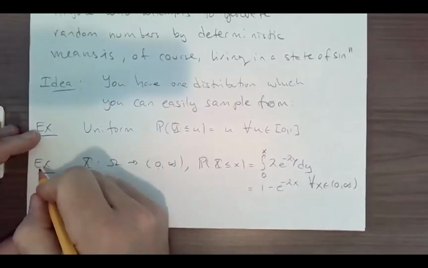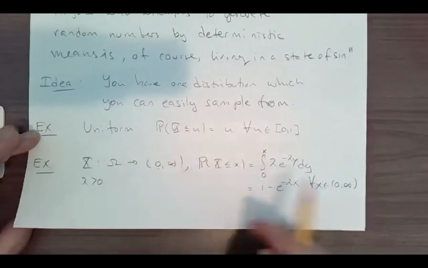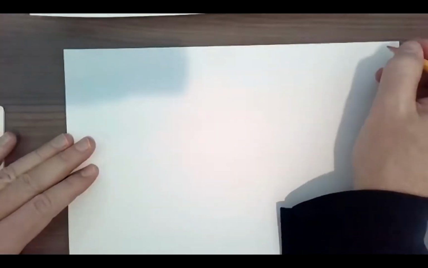So how can I easily generate an exponential? The starting point was we would always do uniforms, but let's revisit this probability transformation method.